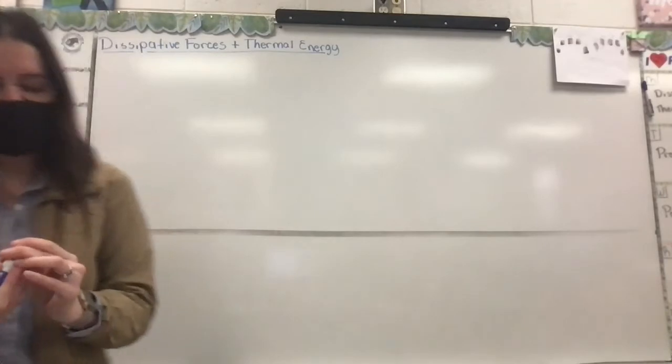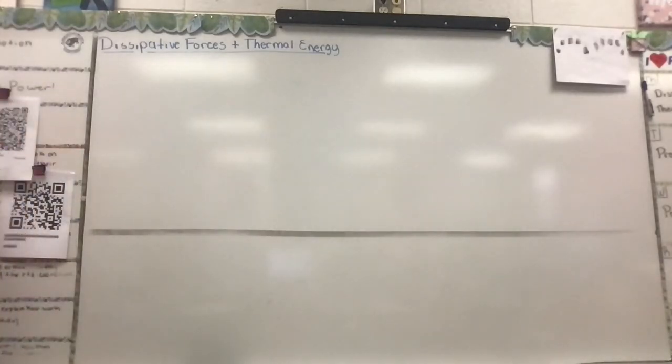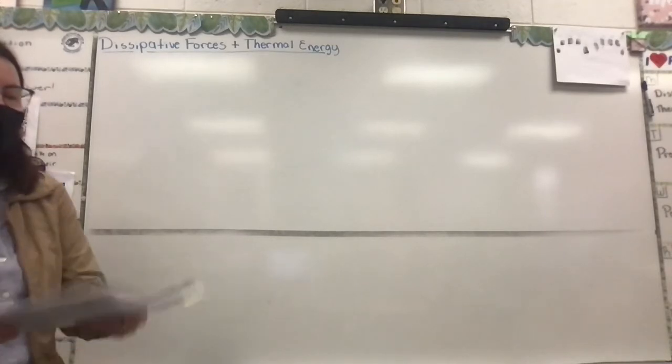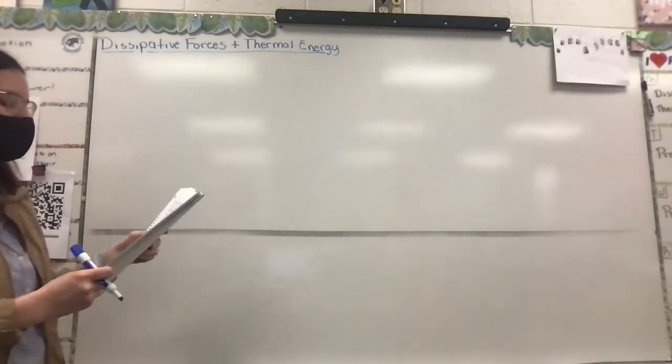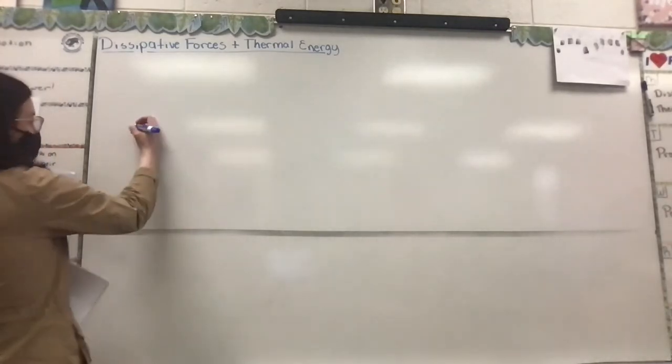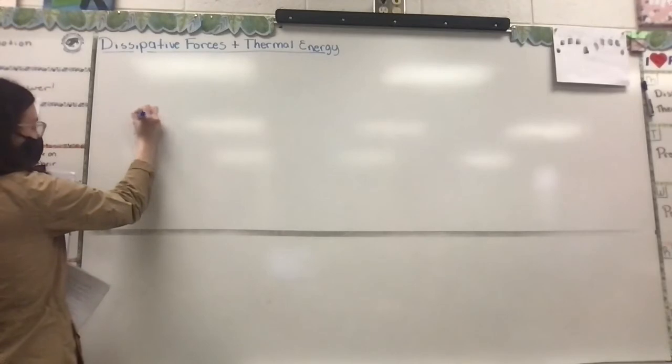So let's talk about increasing kinetic energy and thermal energy. We're going to do an example, because we've been all concepts. Let's throw some math at it. It might make a little bit more sense. So we have a rope with 30 newtons of tension pulling a crate. Here's our crate.